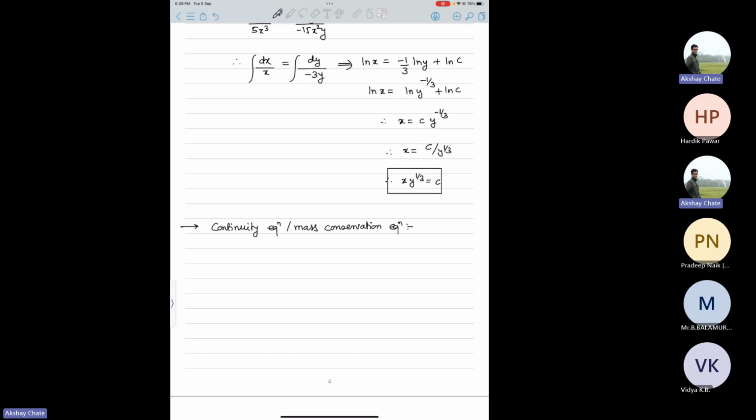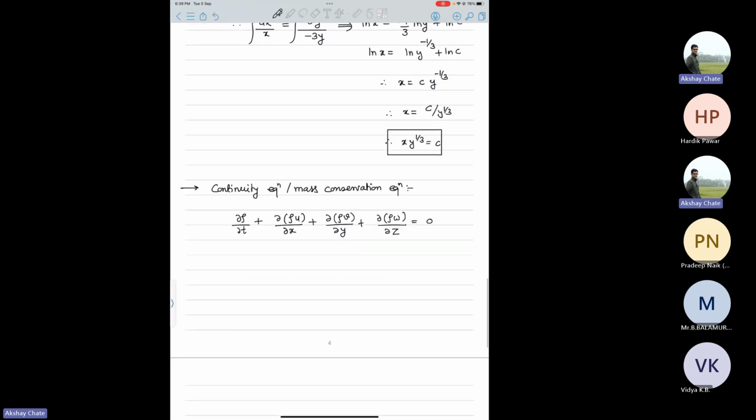If you draw that analogy, there is a derivation about this also, but I'm not going into that. I'll just give you a general equation. There is an unsteady term here, then there are the spatial terms. Rho is nothing but the density of the fluid in the domain, and this is the general equation.